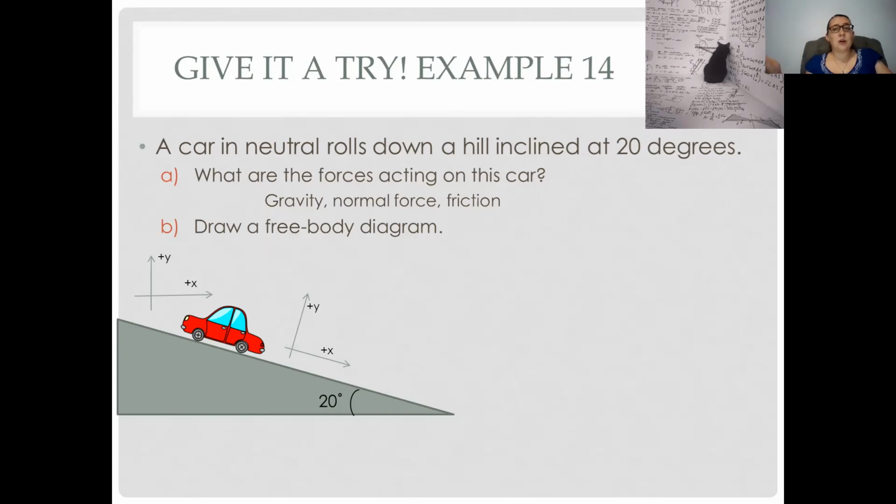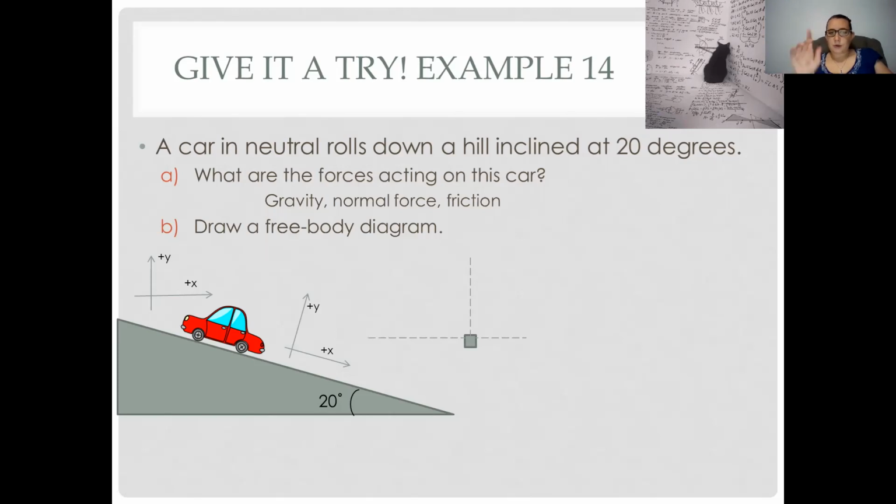That is also a totally valid coordinate system. Remember, you can set the coordinate system to be whatever is most convenient for you as long as you keep it consistent. So I'll draw both cases for the free body diagram.